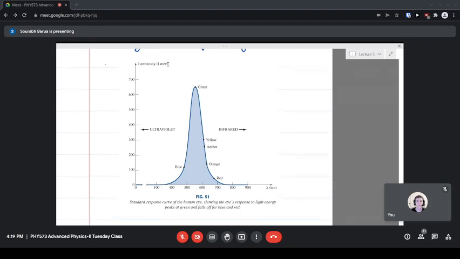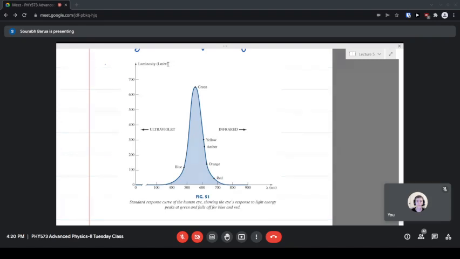Whereas if the same 1 watt of blue light is falling on the human eye, it will detect 125 lumens. So if the same intensity of green, blue, orange, red, and yellow light fall on the human eye, it will appear to the human that the green light is more intense. That is the meaning of sensitivity here.